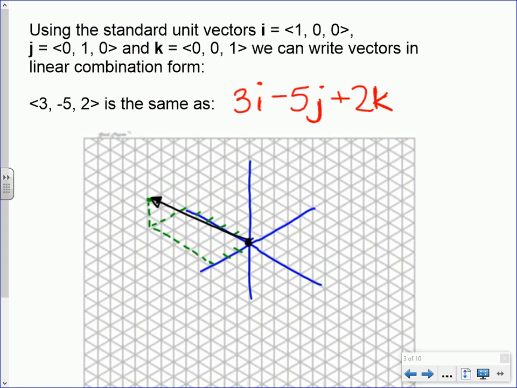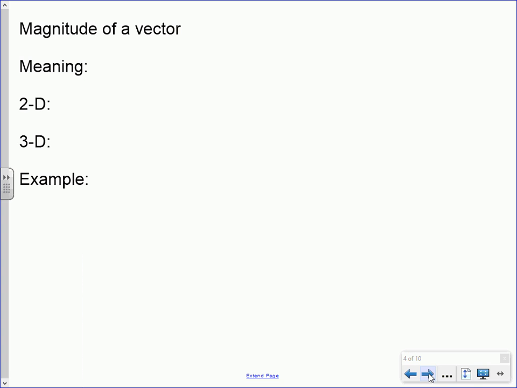Okay, let's see how much we can remember about vectors. What do we call the length of a vector? Its magnitude. Magnitude is the same thing as length. If we had a vector in 2 dimensions, how did we find its magnitude?